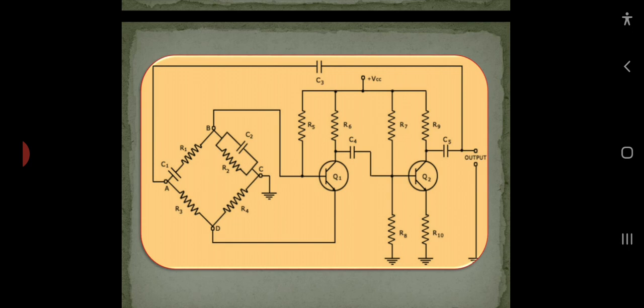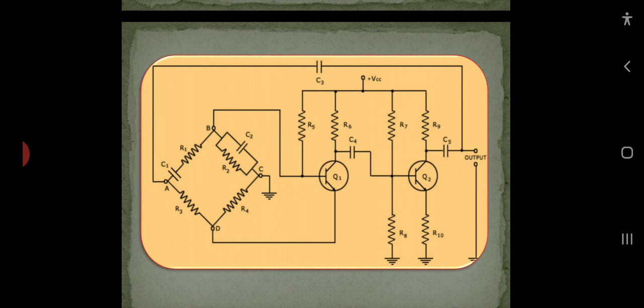Now we can understand the working of this Wien bridge oscillator. When a small fluctuation or small frequency signal is given to transistor Q1, since it is basically a common emitter amplifier stage, it amplifies the signal present at the input of transistor Q1, and all signals are amplified by the first amplifier stage and given to the input of the second amplifier stage Q2.